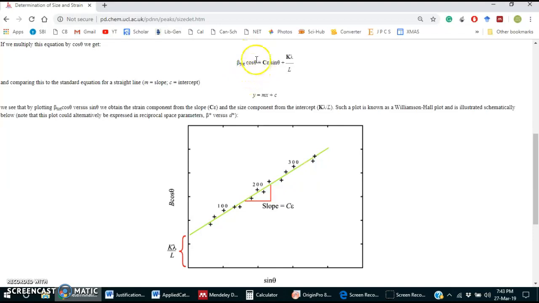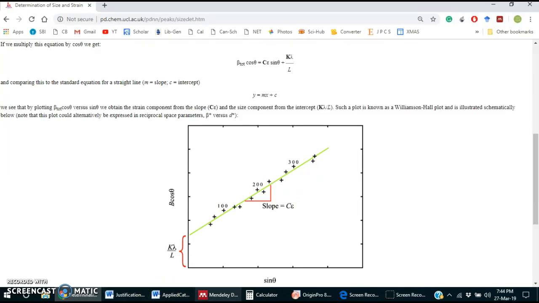So we need to plot a straight line, y equals mx plus c, which is beta cos theta versus sin theta. The intercept will give us K lambda by L, and from there we can calculate crystallite size, and from the slope we can calculate strain.